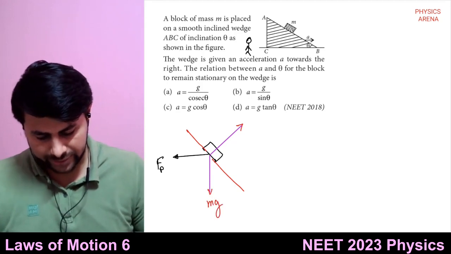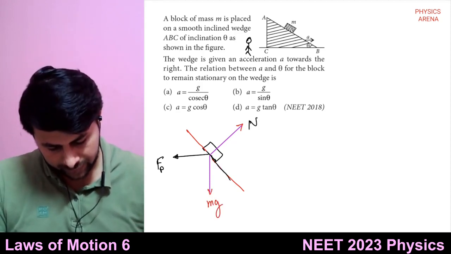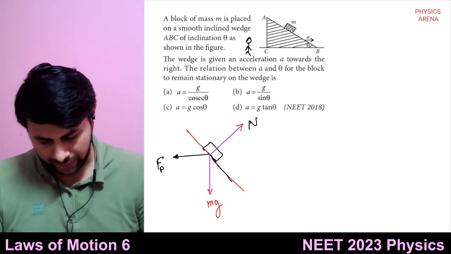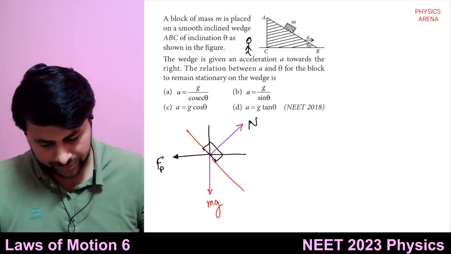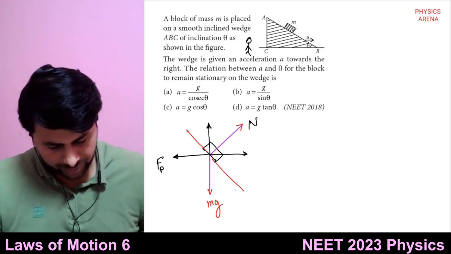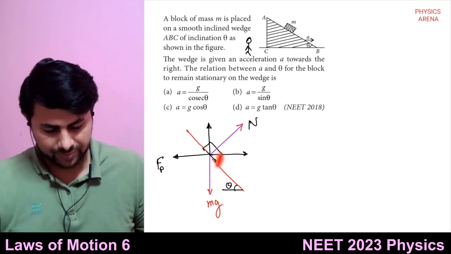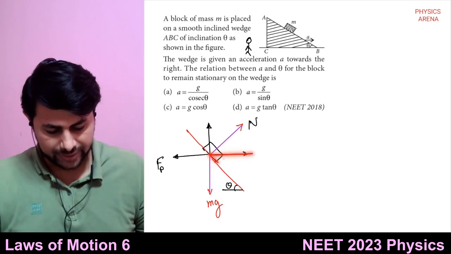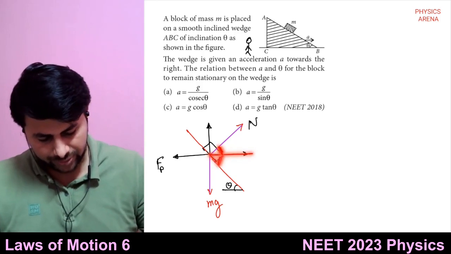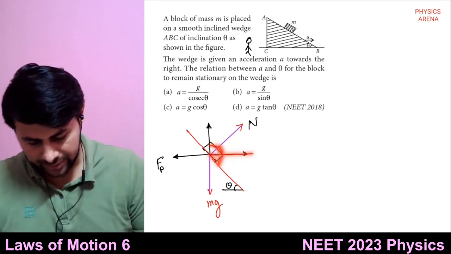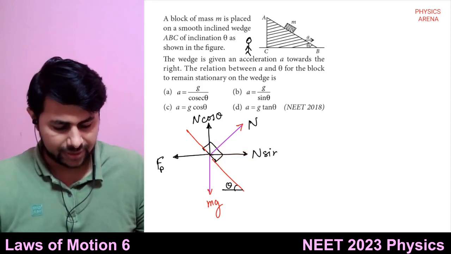Now we can resolve the normal reaction along two components, this component and this component. This angle was theta, so this angle is theta, alternate angles, right? This is 90 minus theta. So this is the cos component, n cos theta, and this is n sin theta.